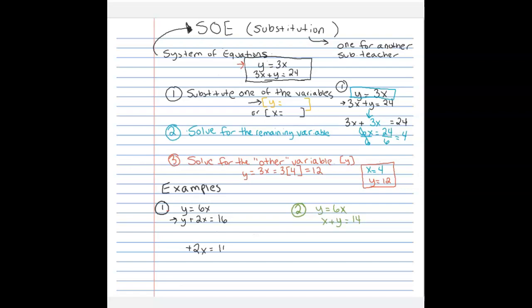Instead of y, we're going to insert this down here. I'm going to have 6x. So we have 6x plus 2x equals 16. 6x plus 2x is 8x equals 16. Some of you may have caught on earlier why I changed the 20 to 16. Divide both sides by 8. So we have x equals 2.